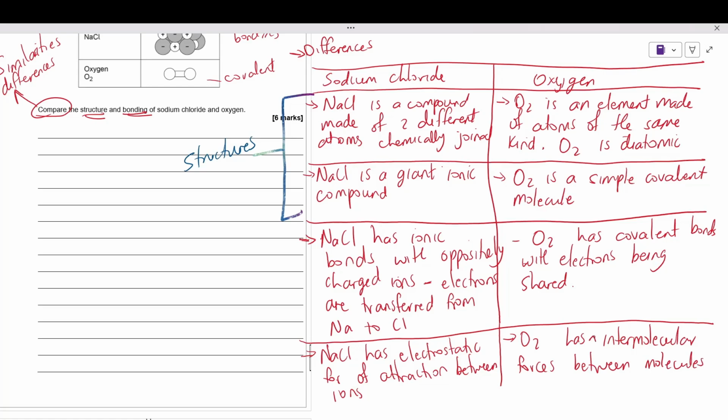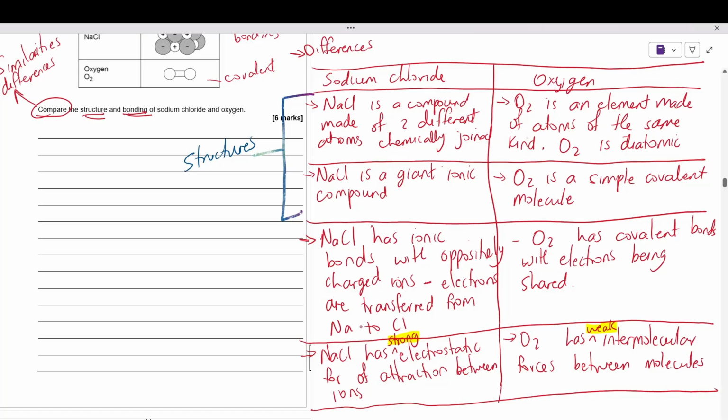And I'm going to include weak here and strong here. So at least we can mention the magnitude of these forces. The electrostatic force of attraction, yes, that's strong, but the O2 has weak intermolecular forces between the oxygen molecules, which makes it weaker than your ionic compound.